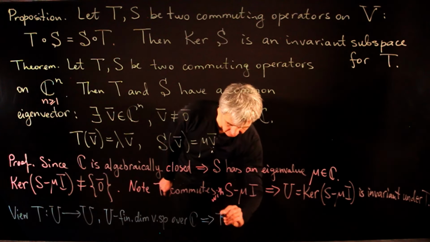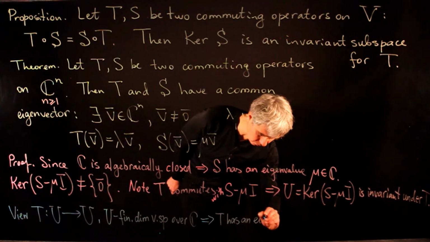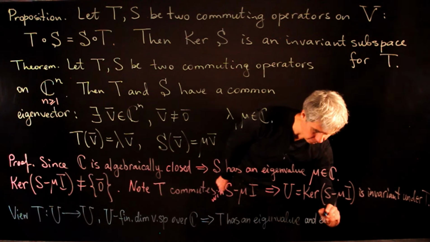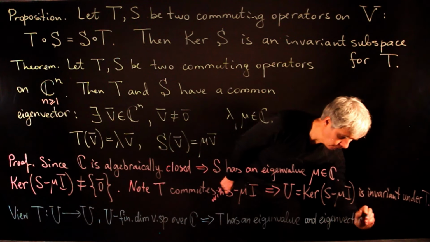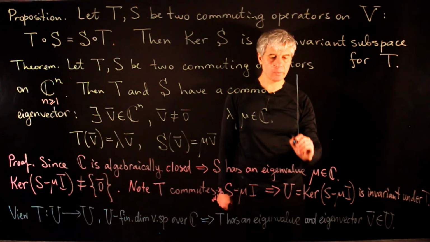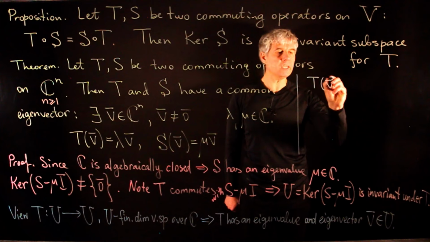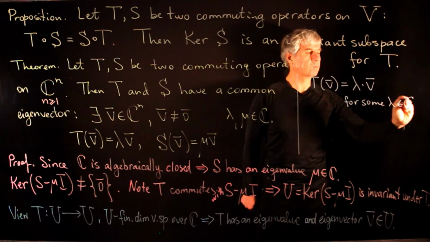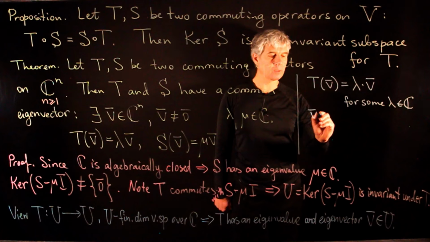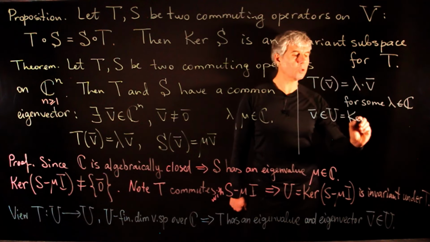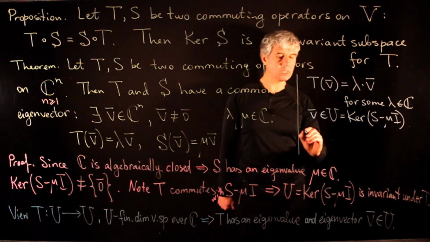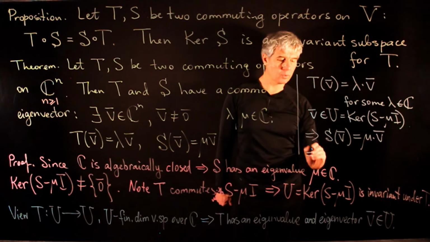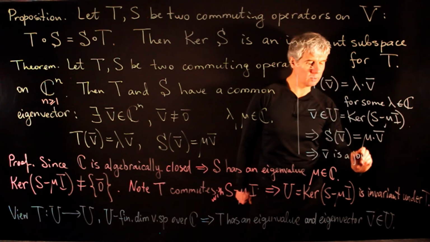So from here it follows that T has an eigenvalue, and thus an eigenvector V in the space U. So what we conclude is that T applied to a vector V is equal to lambda times V for some lambda in C. But we have that V belongs to the space U, which is the kernel of S minus mu I. So this tells us that S applied to V is equal to mu times V. And so this tells us that V is a joint eigenvector.